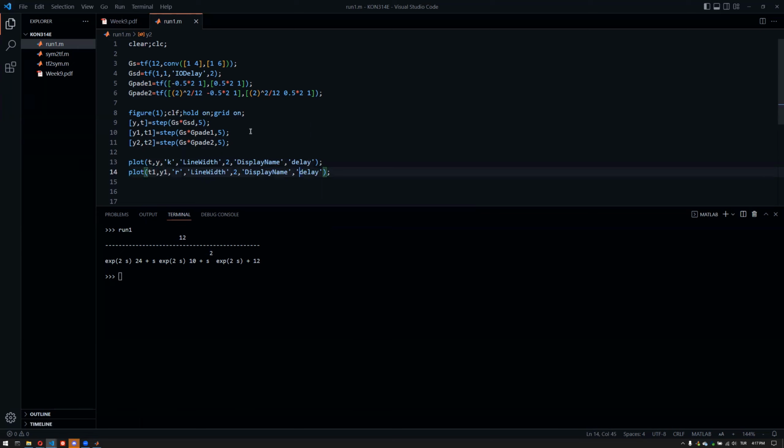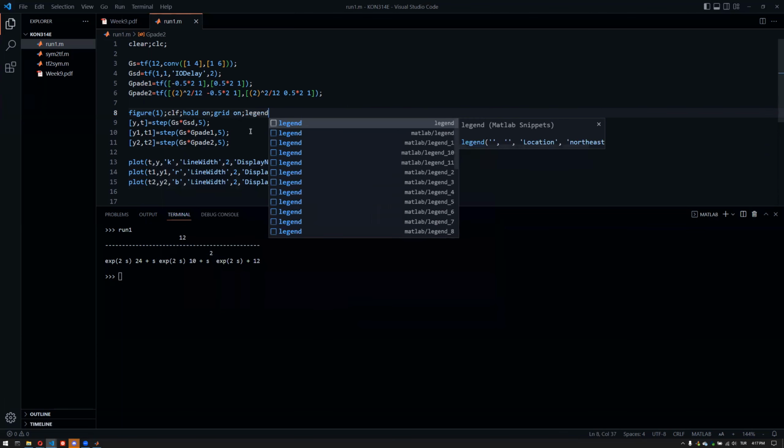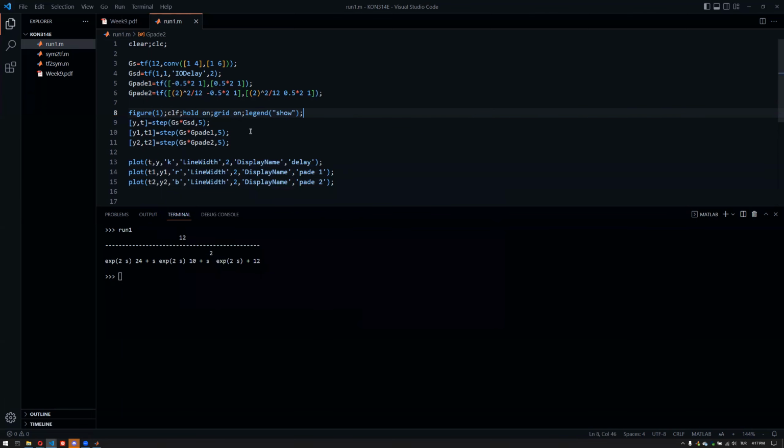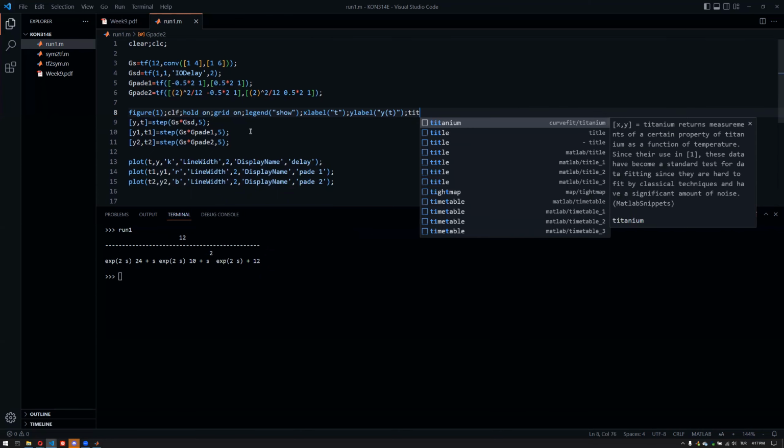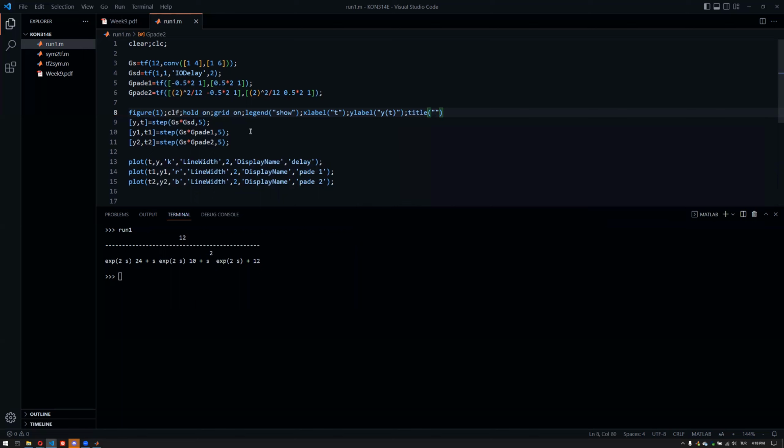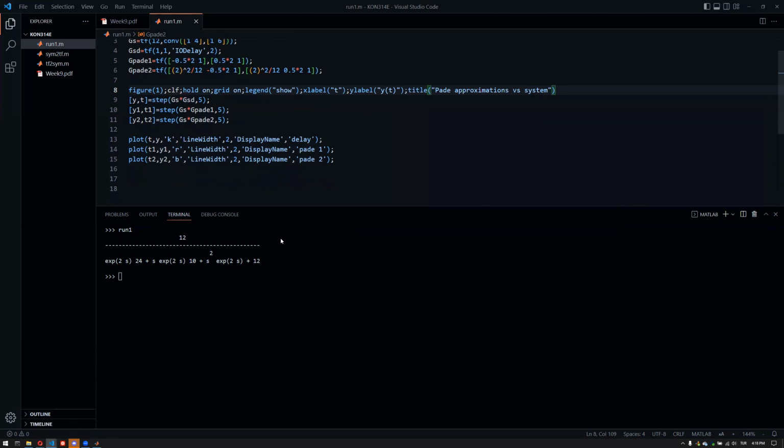Let's have red, Padé 1, Padé 2, blue. There we go. X label t, Y label y(t), and then title Padé approximations versus system. I don't know.